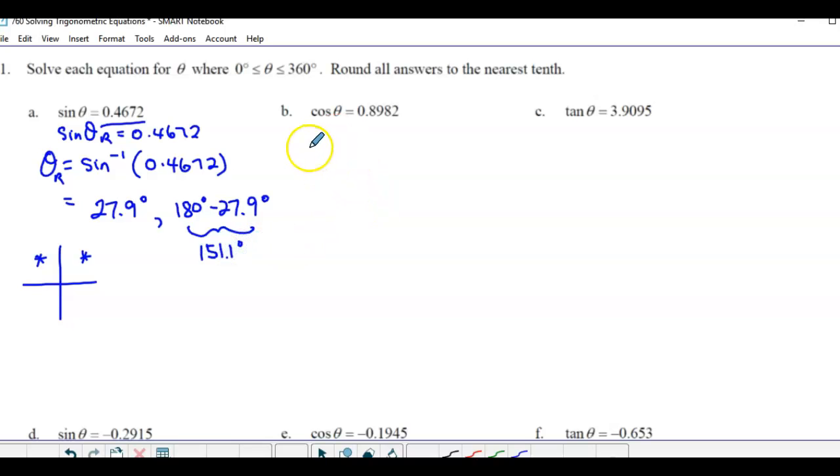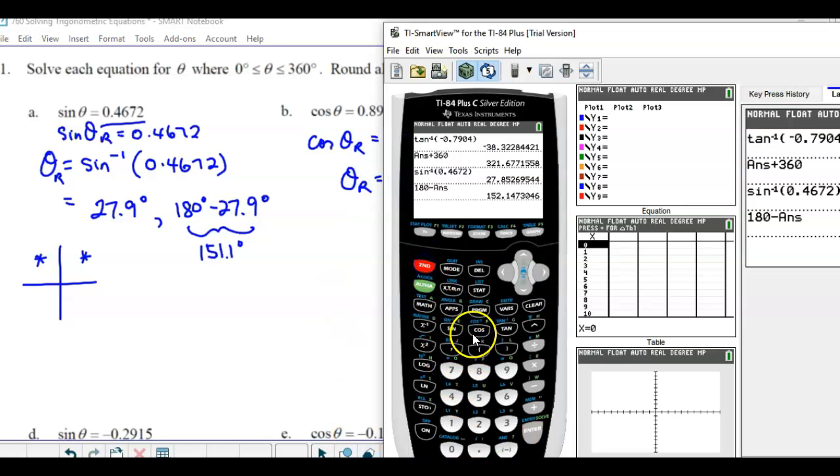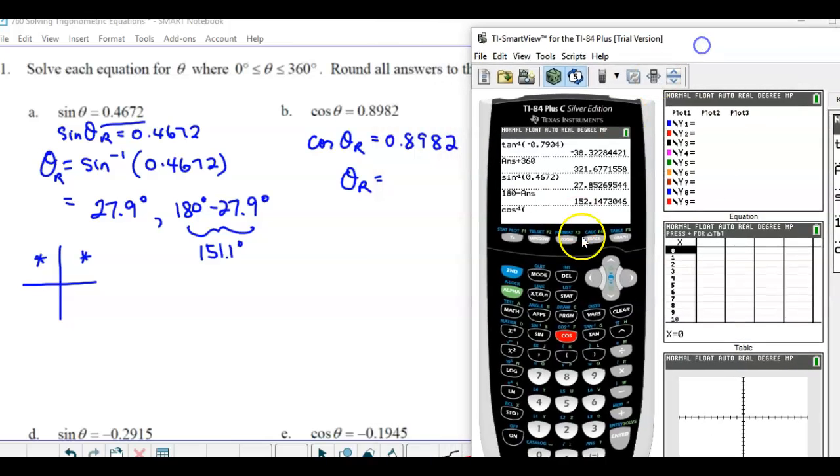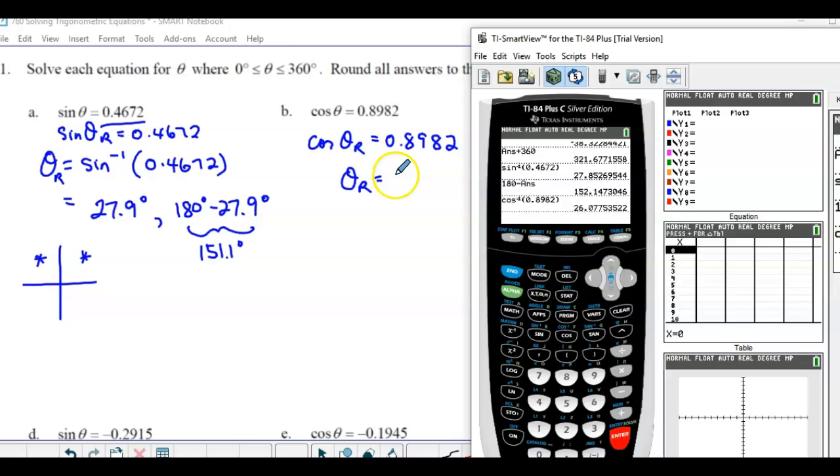Okay. Next one, so again, that's a positive cosine ratio. So theta r, we will then go second cos of 0.8982. 26.1.